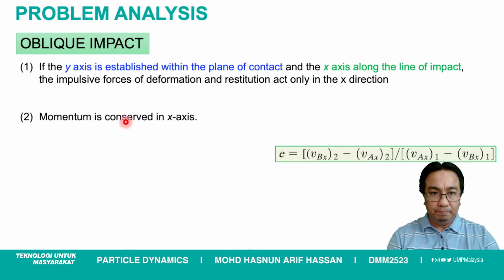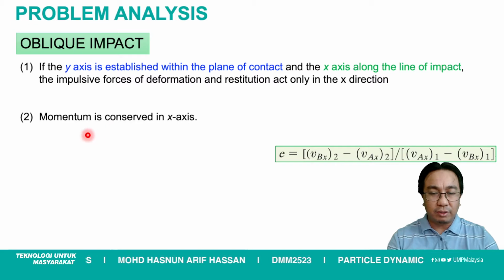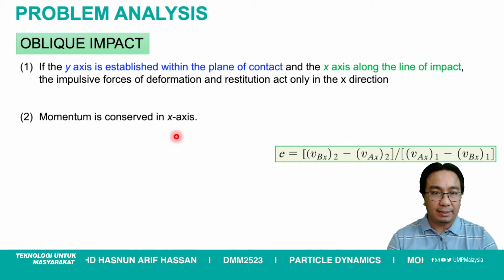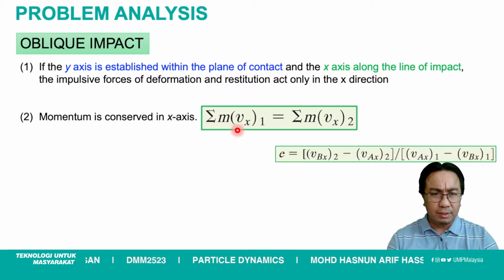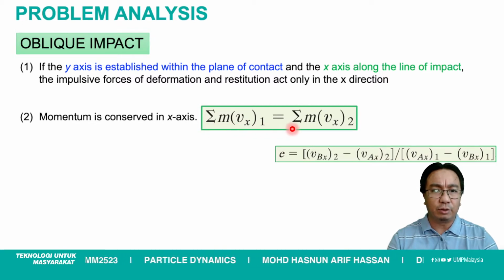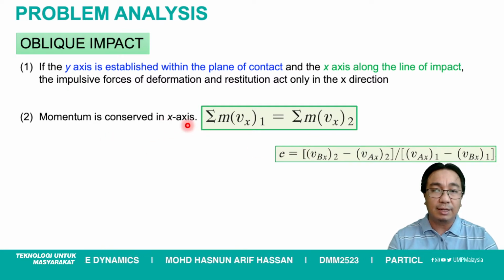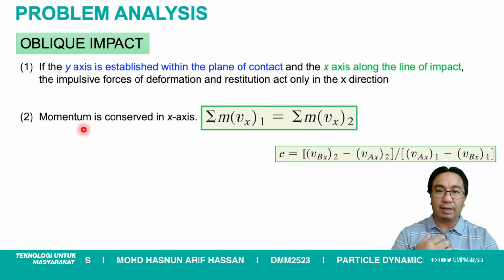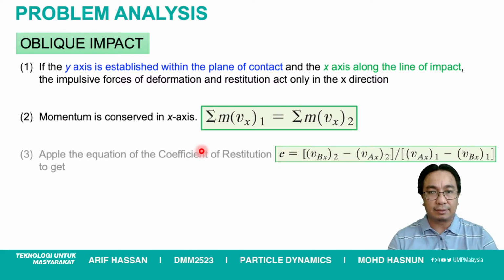Then the second thing to do is to calculate the conservation of momentum in the x-axis by using this equation: sum of mvx1 equals sum of mvx2. Remember, this is only in the x-axis. So we're going to calculate the conservation of linear momentum in the x-axis.